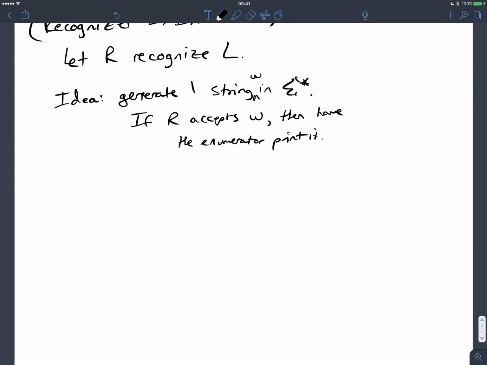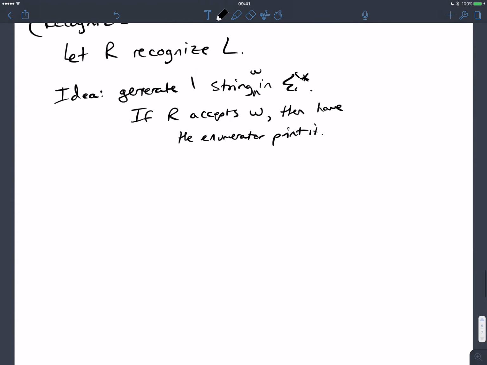So maybe what we can do is try some number of strings for 1 step, then try some strings for 2 steps, then 3 steps, then 4 steps, and keep going. It's like computation, like the non-deterministic thing, but in a different sense.